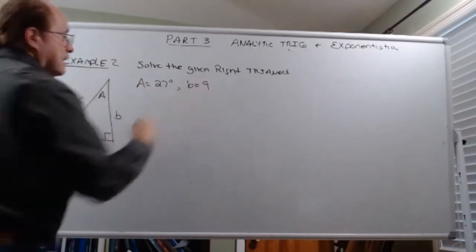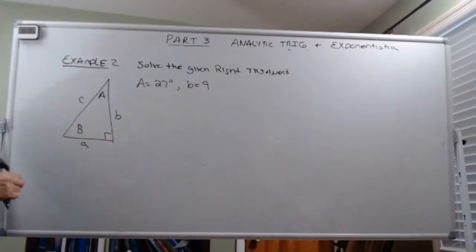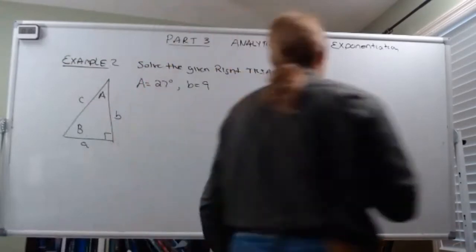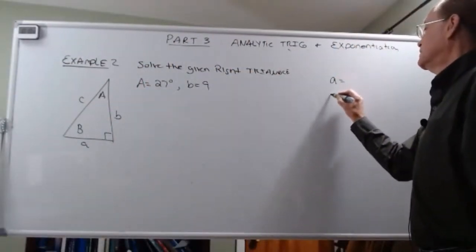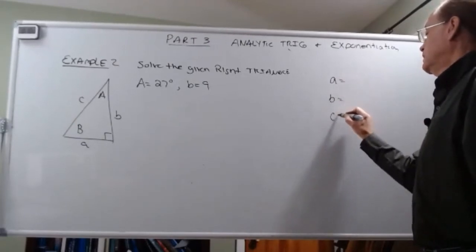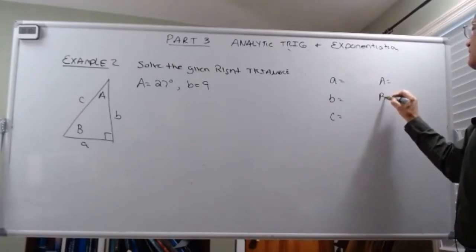Length B is 9. I'm given 3 pieces of information because I know this C is 90 degrees. My objective is I want to find the length of all the sides, and I want to find the measures of all their associated angles.